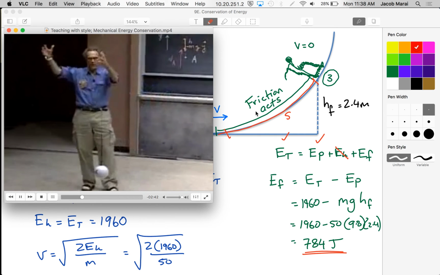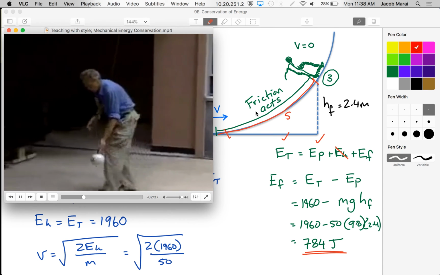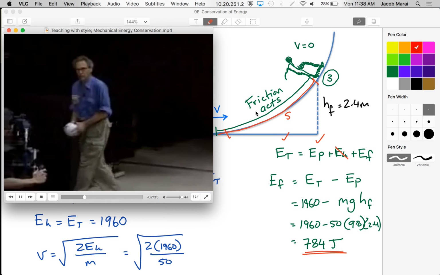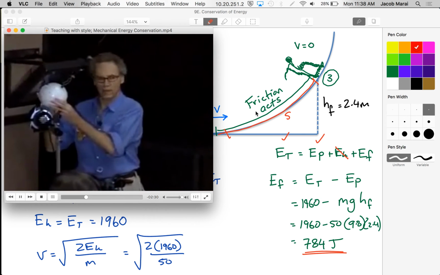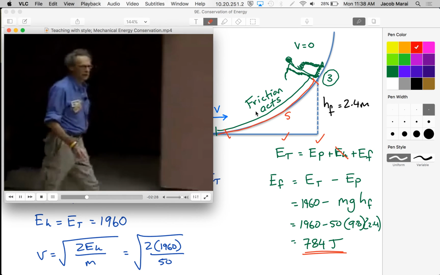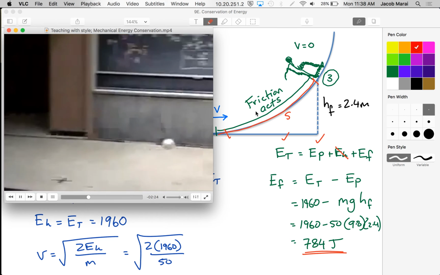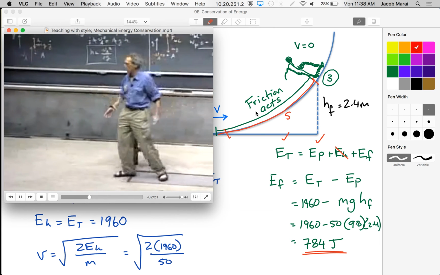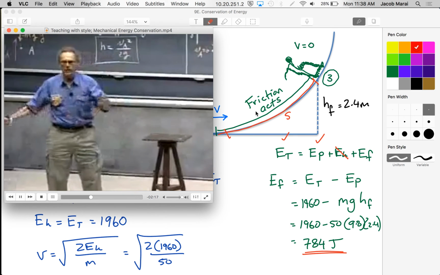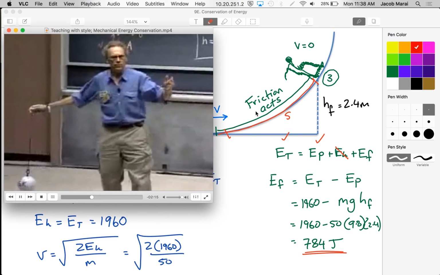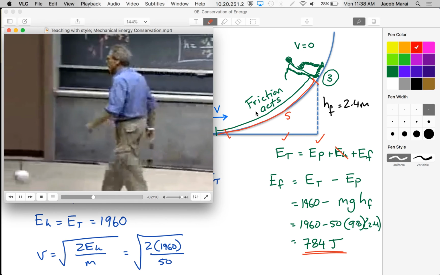You lift up a very heavy object, even heavier than this, and then you let it go, you swing it, thereby converting gravitational potential energy into kinetic energy, and that way you can demolish a building. You just let it hit, and it breaks a building. And that's the whole idea of wrecking. So you're using the conversion of gravitational potential energy to kinetic energy.